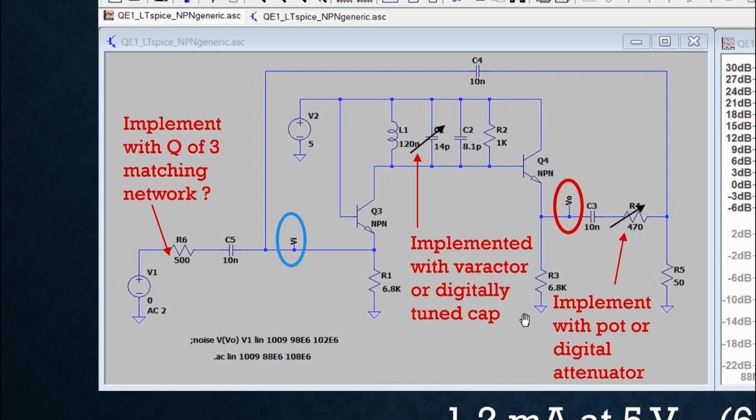Well, if we look at the AC source, it has a magnitude of 2. But remember, it gets divided by 2 if you have a matched input impedance, and so that's really 1. And so if the input is 1, then the output voltage is identically equal to the gain. It's a little trick you can play to more easily simulate gains.